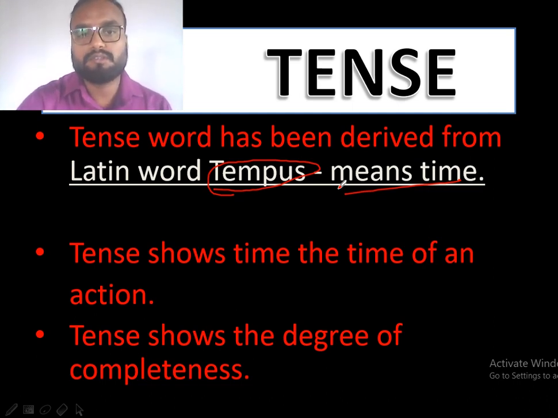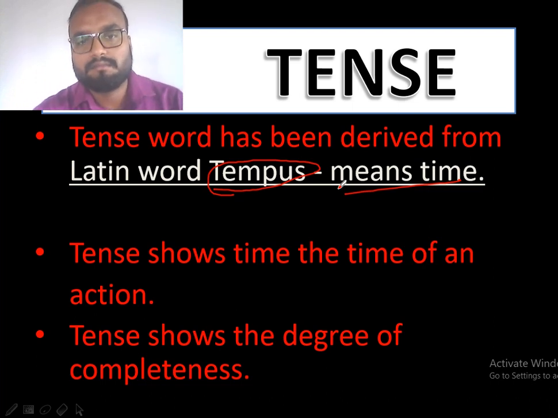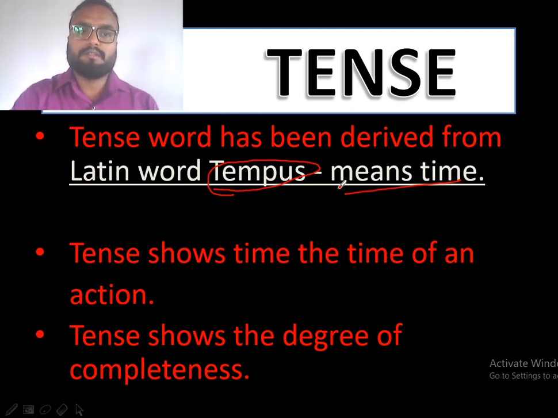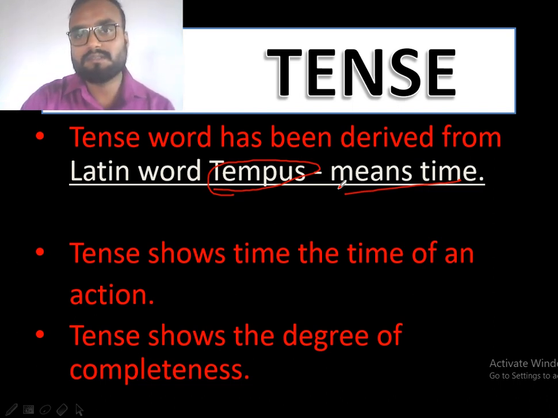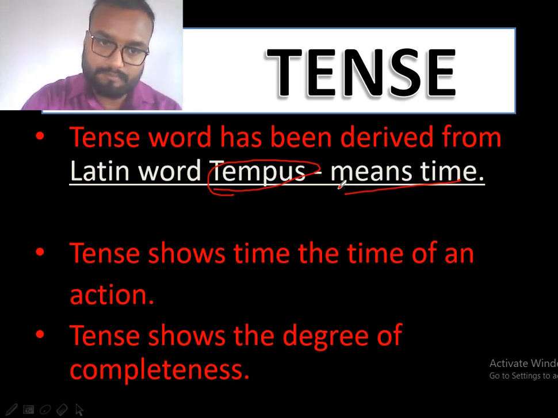And it shows when an action takes place, the action which is going to take place, the action which has already taken place. It means with the help of time, verb shows us whether something is being done in present, past or future.